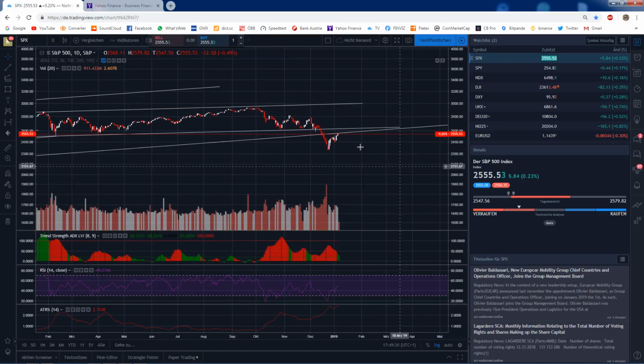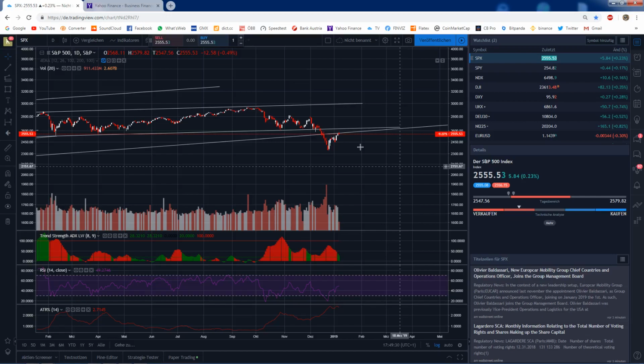So if this moves like '08, we would now expect, as we had in '08, a reversal flag like this to be formed. See price action move inside this pattern. Then we would, and I can draw this, maybe use the drawing tool. There it is.